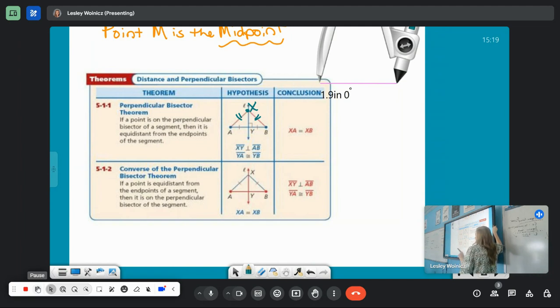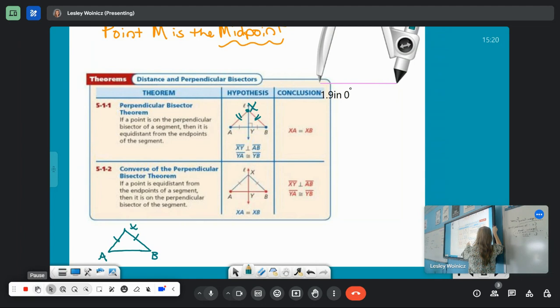Okay, this is where it gets dicey because I don't like how this textbook did this, but I want to talk about it. So let's redraw this picture. Okay, here's point A, here's point B, here's point X. What this is saying is if this and this are congruent, okay, this is right, but the picture is messed up.